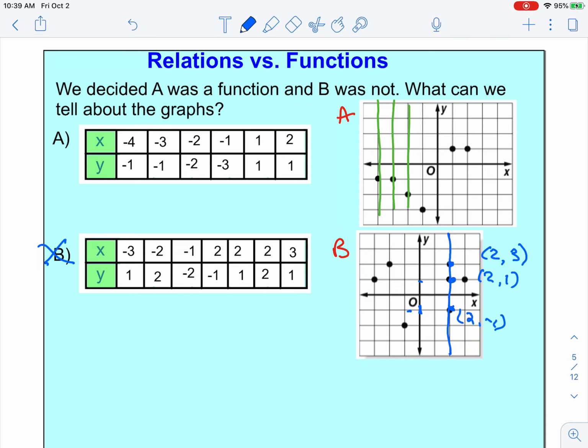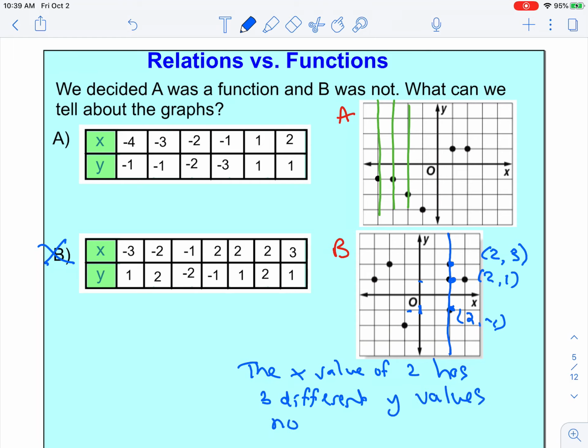So again, the x value of 2 has three different y values, not exactly one. So that's what I'm trying to explain to you. And it does not pass the vertical line test.